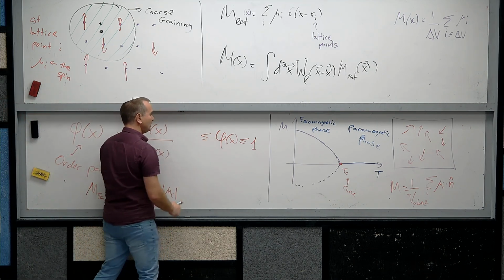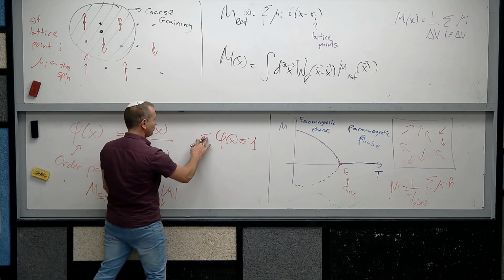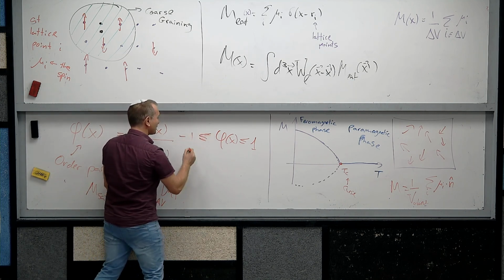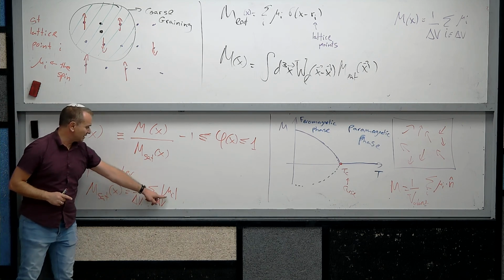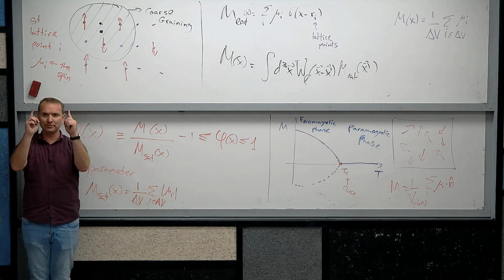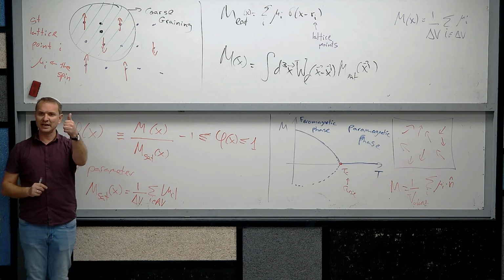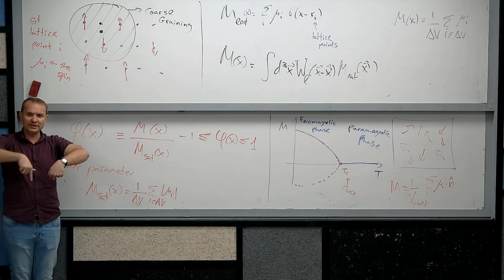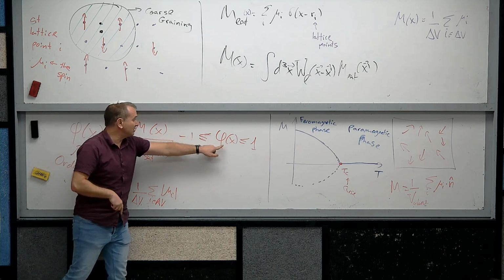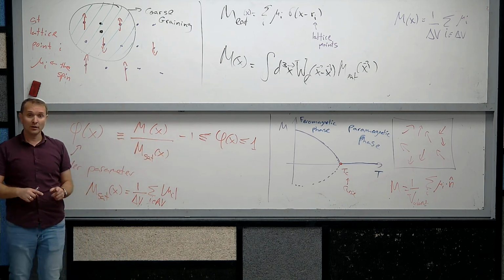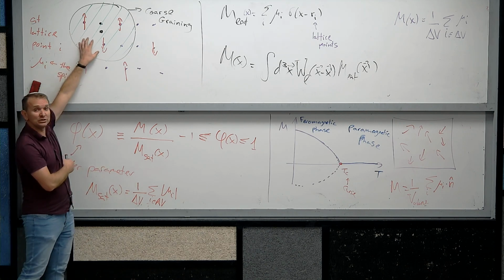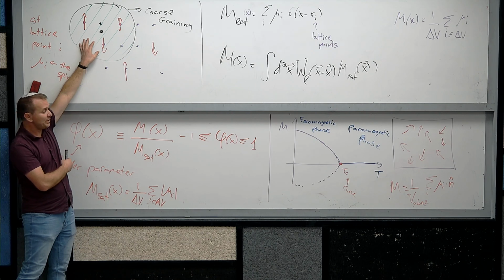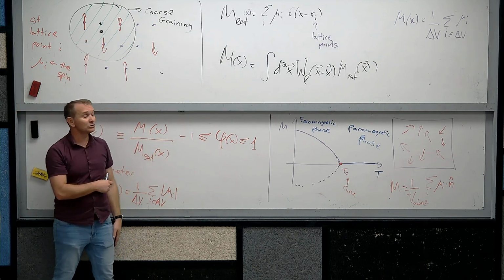Phi of x is going to be greater than -1. So for example, if they're all pointing up, phi of x is going to be exactly 1. If they're all pointing down, they're still ordered, but this order parameter tells us that it's -1. But if they're completely disordered and every spin in this region is pointing in a completely different direction, this phi of x is going to be 0.